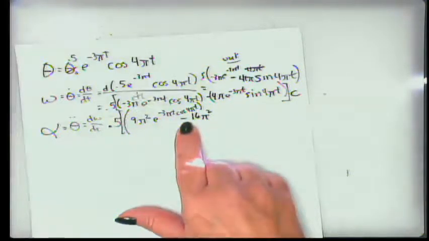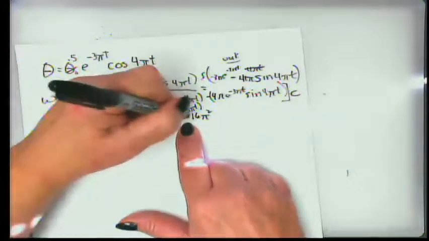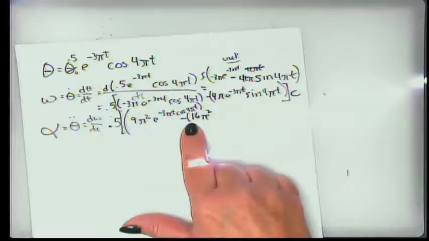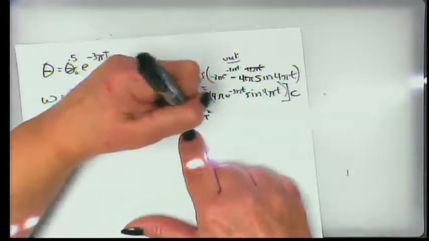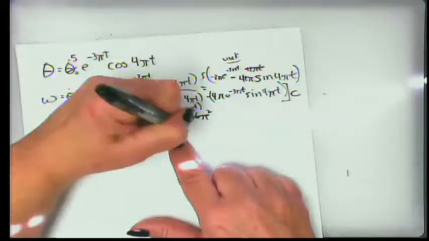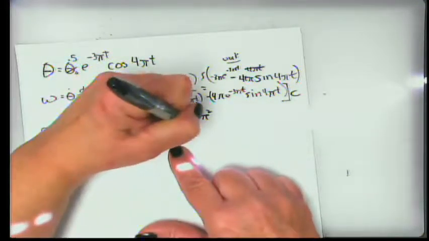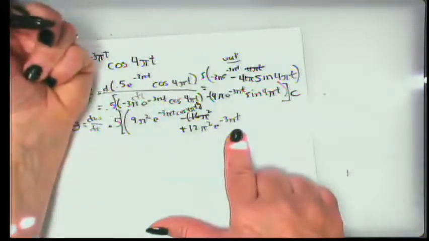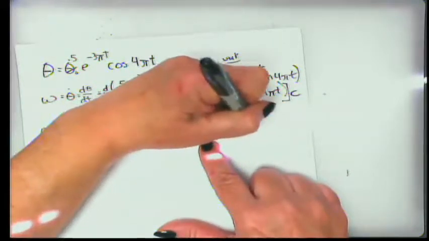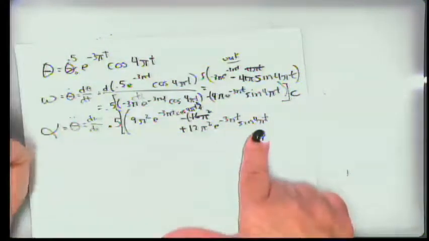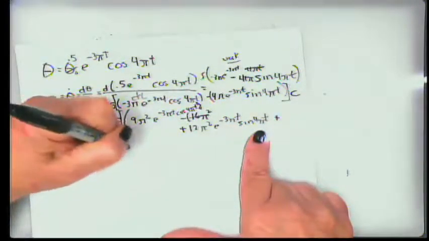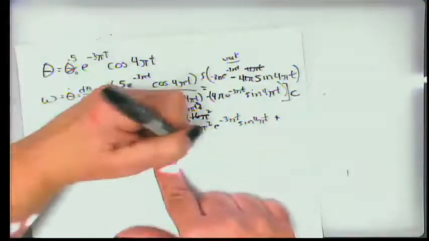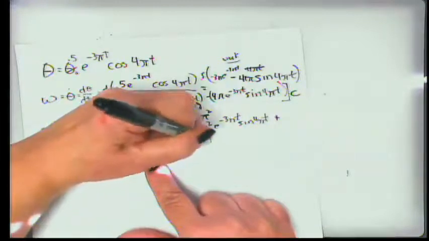Then we subtract from that, four times 3 is 12, so this is going to be plus 12 pi squared e to the minus 3 pi t times the sine of 4 pi t, plus 12 pi squared e to the minus 3 pi t sine of 4 pi t.